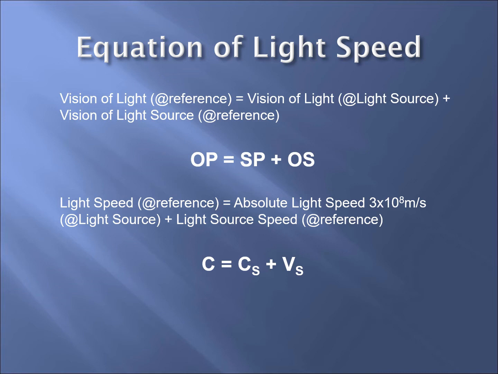Light speed at reference equals absolute light speed, which is 3 times 10 to the 8 meter per second, at the light source, plus light source speed at reference. C vector equals CS vector plus BS vector. A more detailed discussion of light speeds can be found in my paper and book.